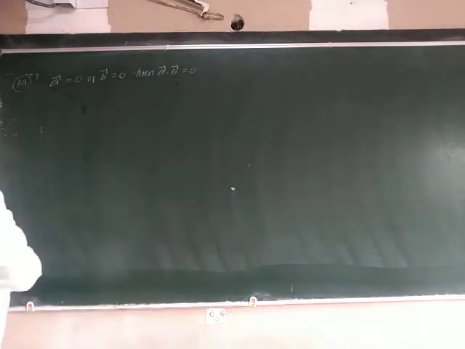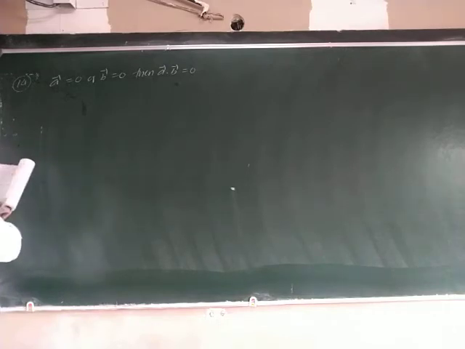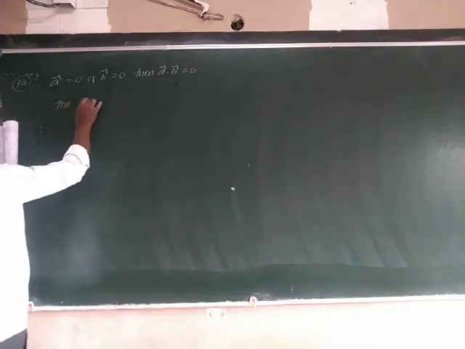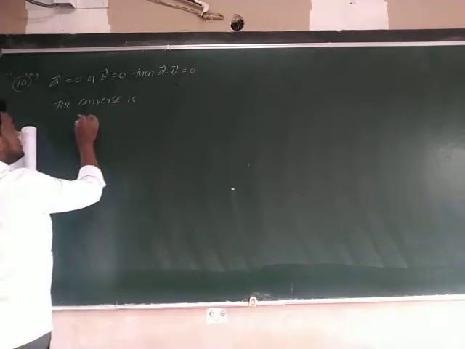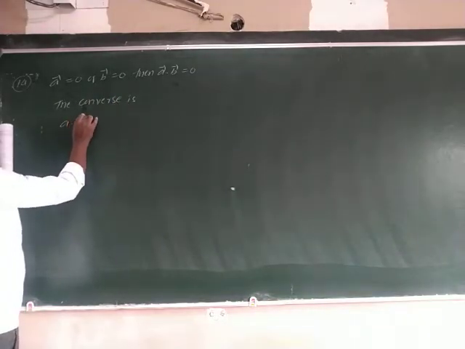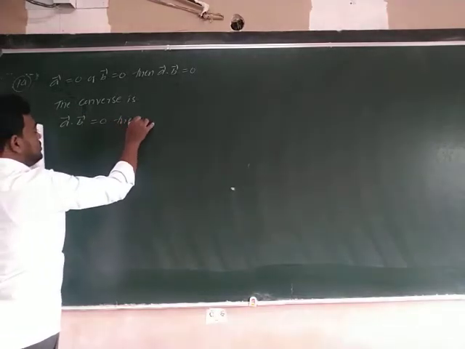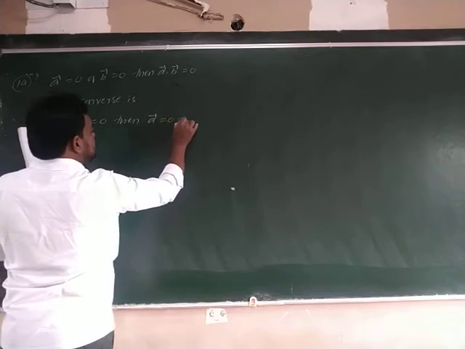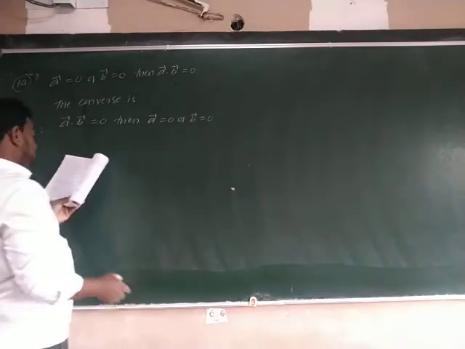The converse is: vector a dot vector b equal to 0, then vector a is equal to 0 or vector b is equal to 0.